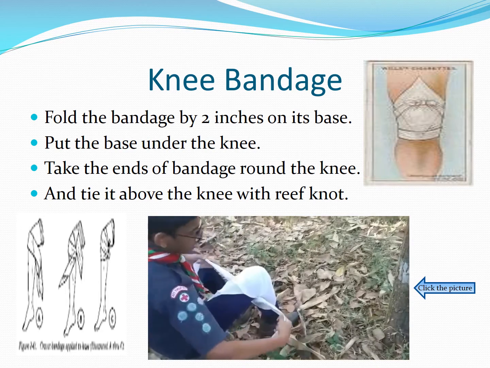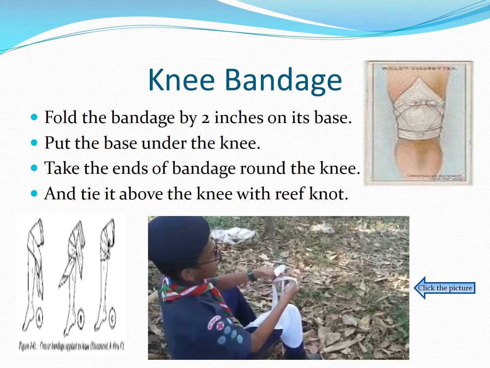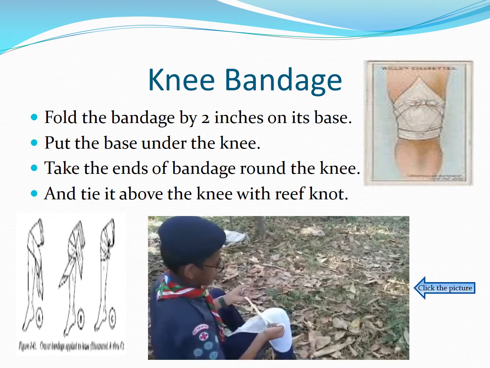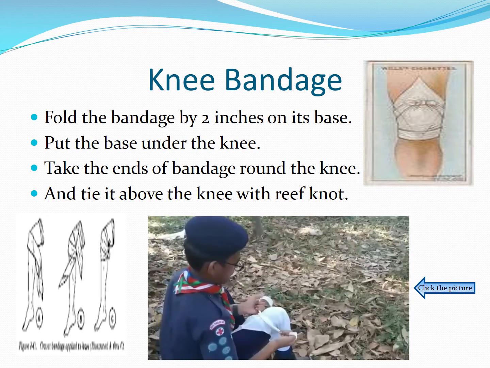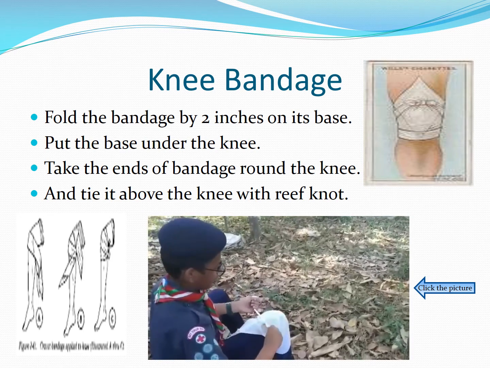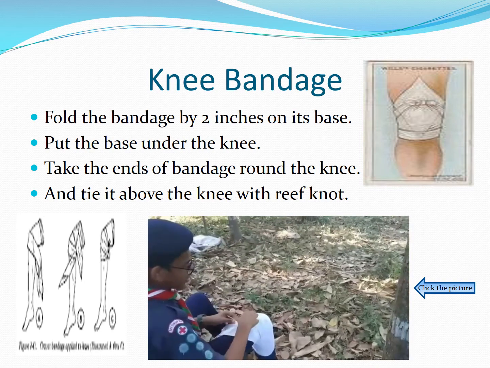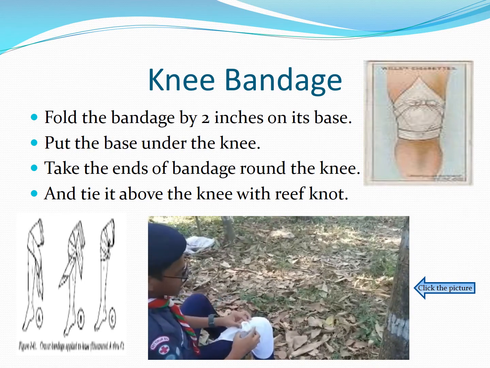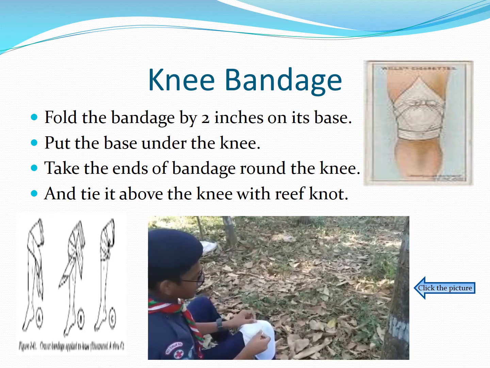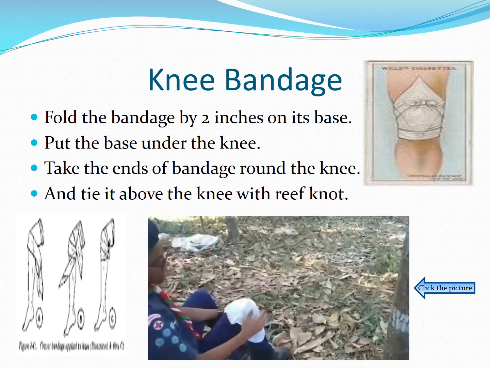Tighten it and take it up, and put the reef knot. Then go round like this, and this is the point of the bandage, put it like this, and put a safety pin, and that's all. This is the knee bandage.